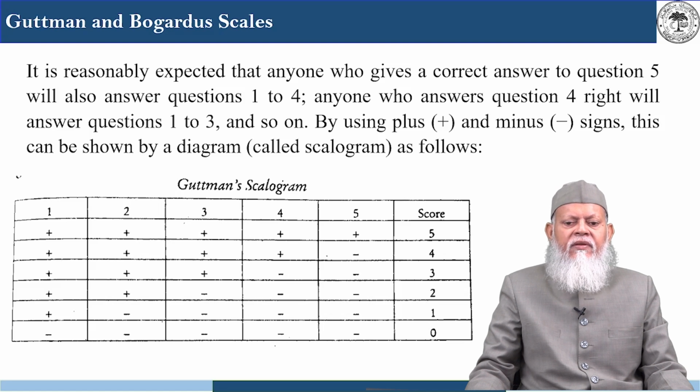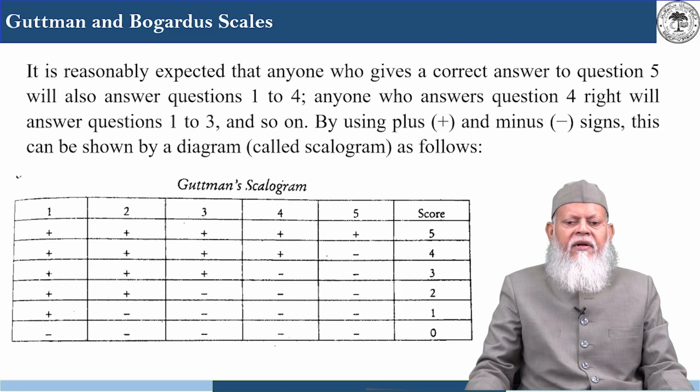We have the questions and the scores on both sides. So we find that the one who has been able to do question 5 has a score of 5 and has all the positive signs in the Guttman scaleogram.